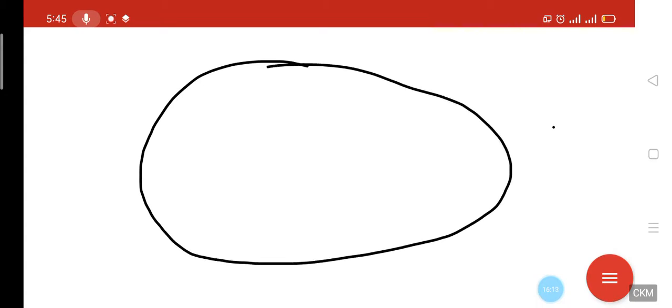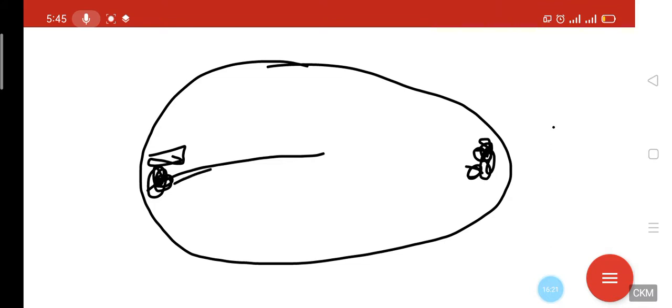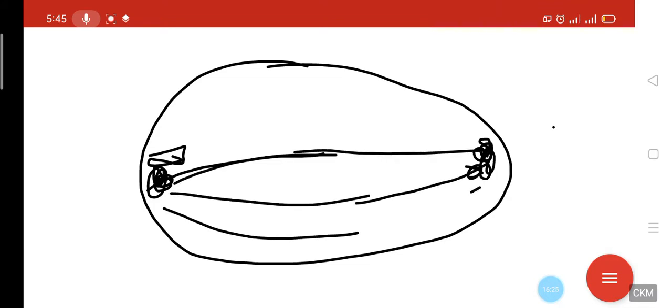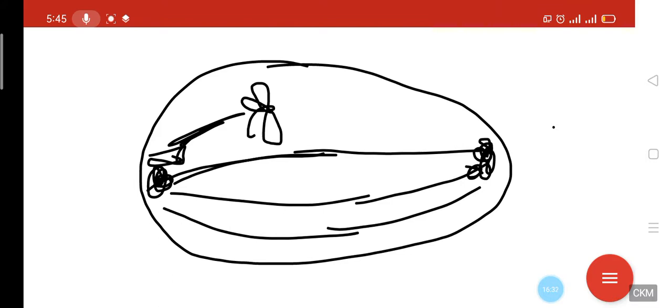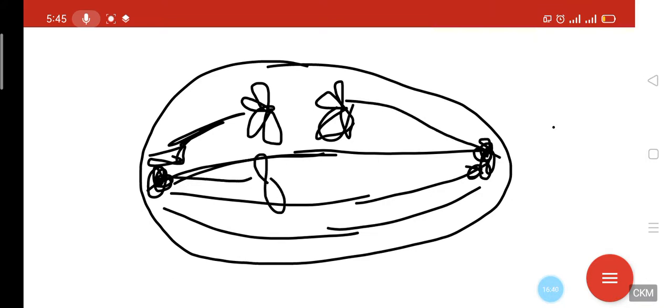The non-kinetochore fibers will start elongating themselves. This is one centriole and this is the other centrosome. Non-kinetochore fibers will elongate while the kinetochore fibers will start shortening, and they are going to pull the chromosomes toward themselves.